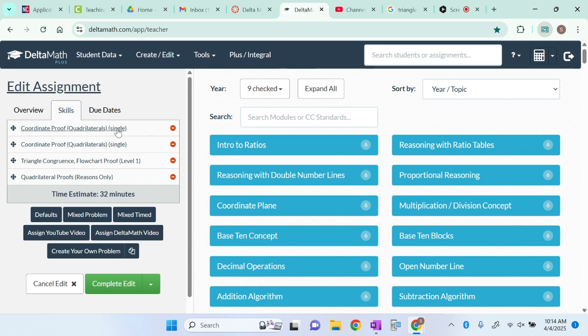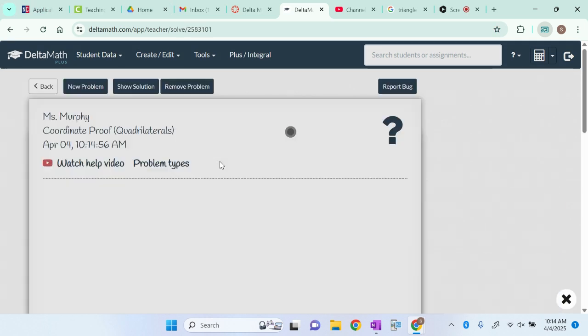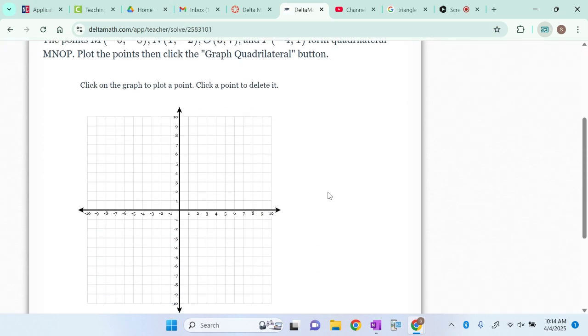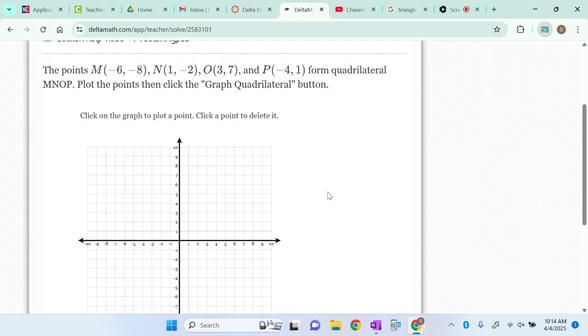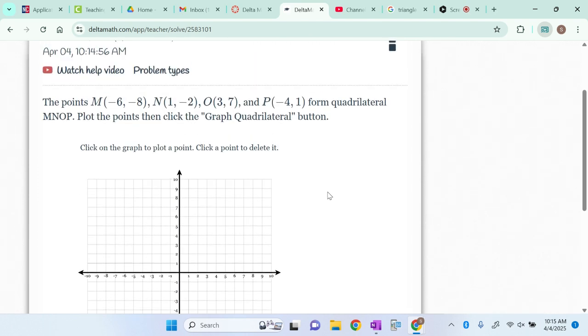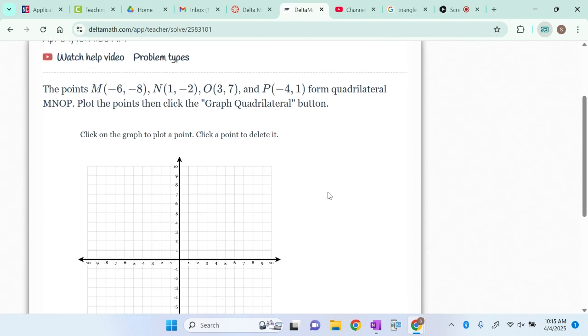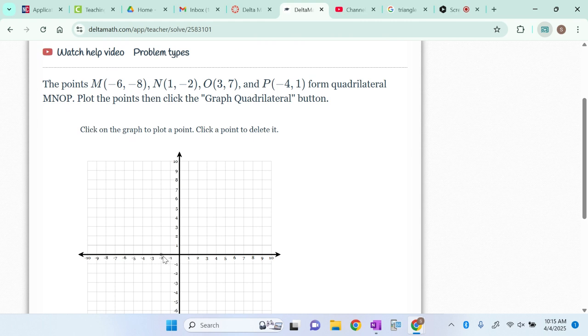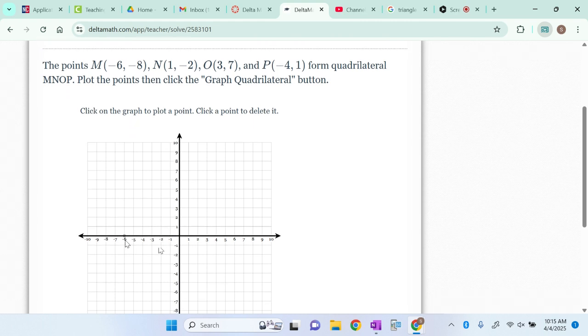So I'm looking at the very first one. While I'm waiting for you guys, I'm just going to go ahead and plot the points just so we can save time.